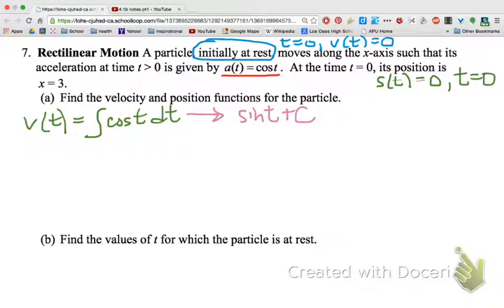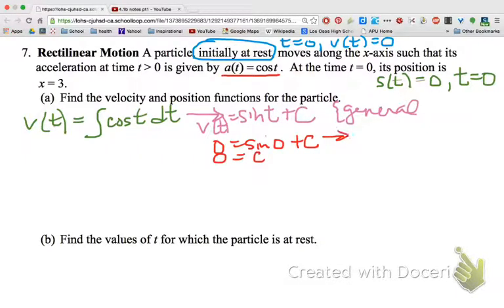And so now, of course, this is general. So I would like specific, and the velocity is 0 at time equals 0. So that would be sine of 0 plus c. And sine of 0 is 0, so now c is 0.